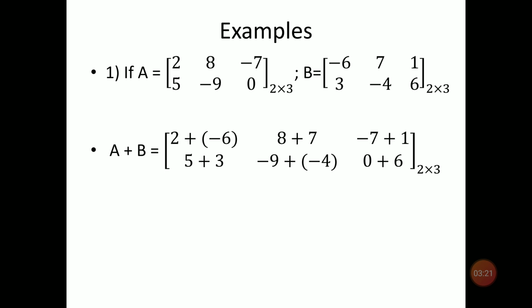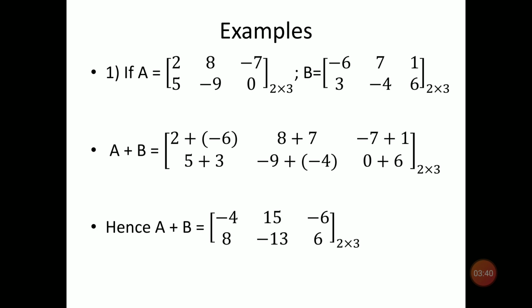Similarly 8 is an element in the first row and second column of matrix A, and 7 is an element in the first row and second column of matrix B. So add those two corresponding elements. In this fashion we add corresponding elements of A and B, and then we get the matrix A plus B. So 2 plus minus 6 is minus 4, 8 plus 7 is 15, minus 7 plus 1 is minus 6.